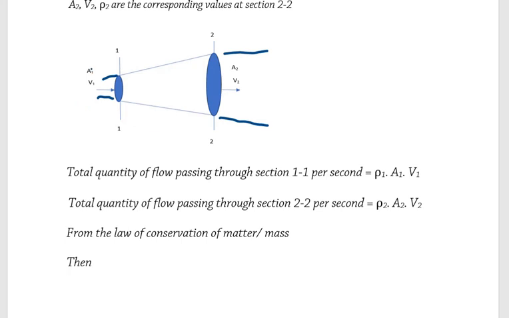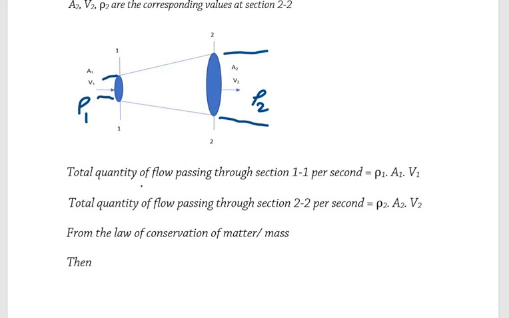If this is section 1, then this is A1, the area of cross-section here, V1 the average velocity of the fluid flowing in here, and rho 1 the density of the fluid here. A2 is the cross-sectional area at section 2, V2 the average velocity at section 2-2, and rho 2 the density of the fluid at that section.